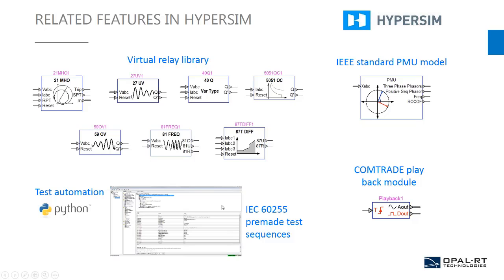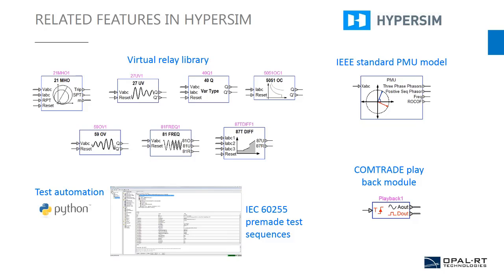It's also optional. We provide IEC 60255 pre-made test sequences. Presently we have the 121 test sequence for distance relay, and we also intend to add more pre-made test sequences that will be available as an option to our real-time simulators.